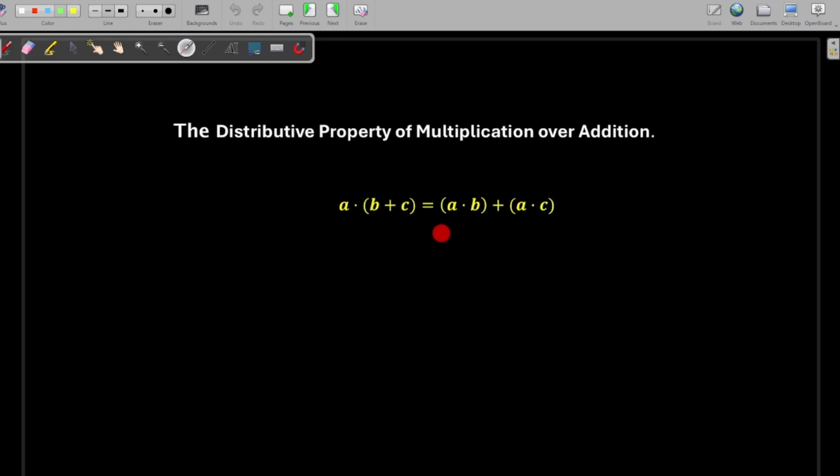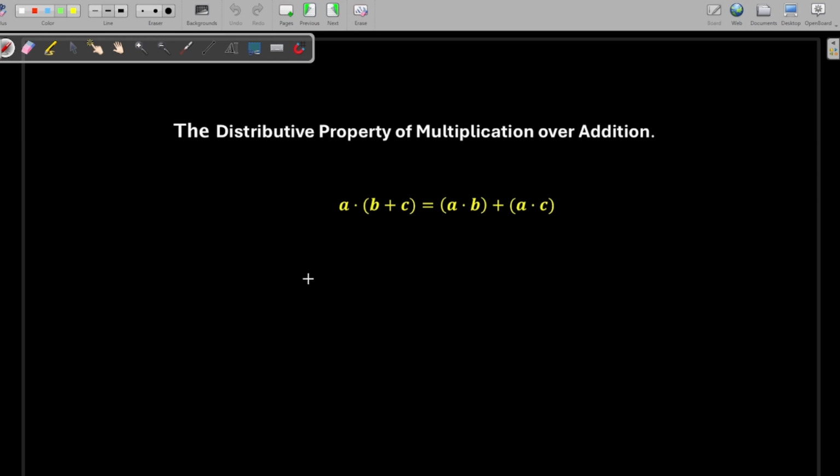For example, this expression is called the distributive property of multiplication over addition, where A, B, and C are real numbers. Think of it this way: when you multiply a number by a sum, you are allowed to distribute or spread the multiplication over each term inside the bracket.